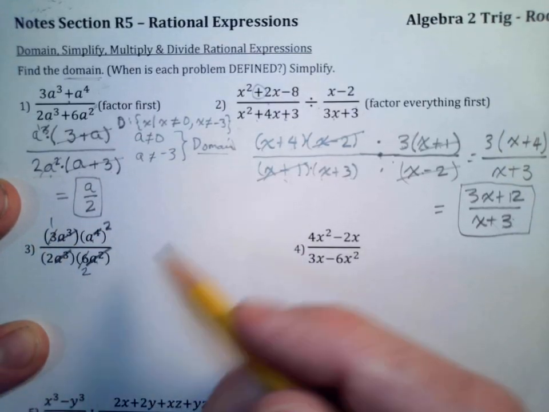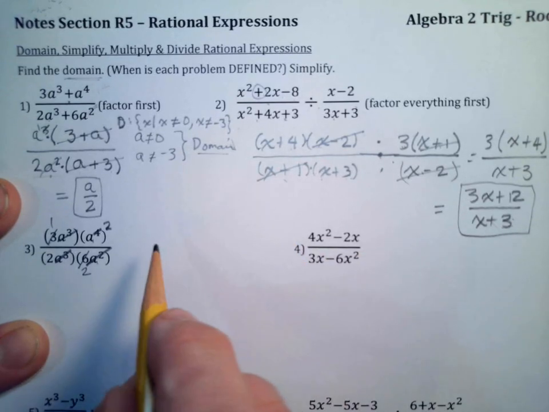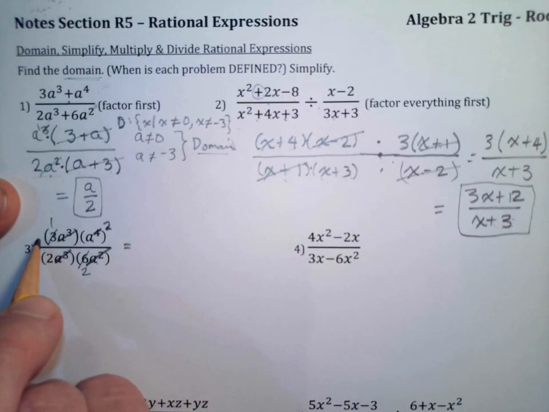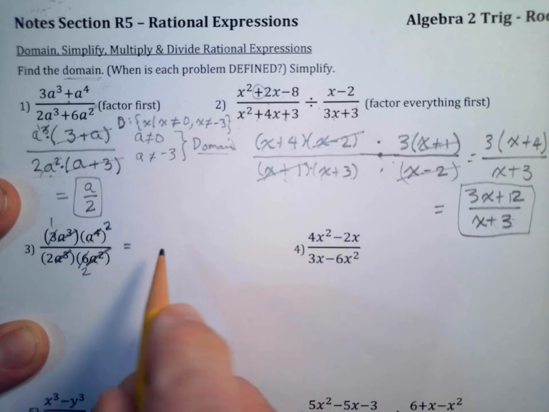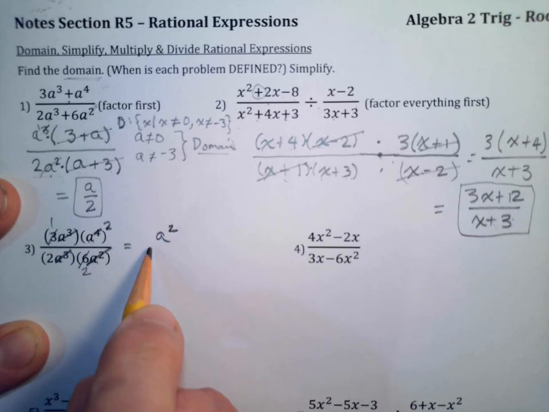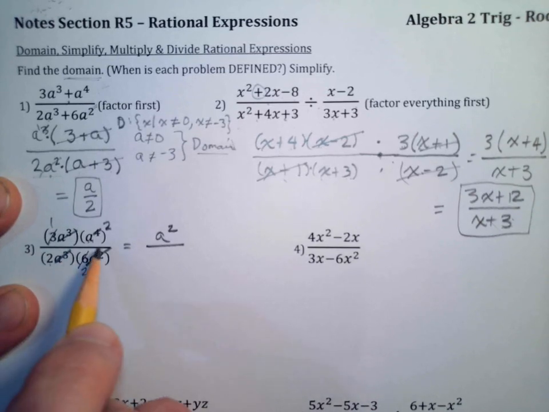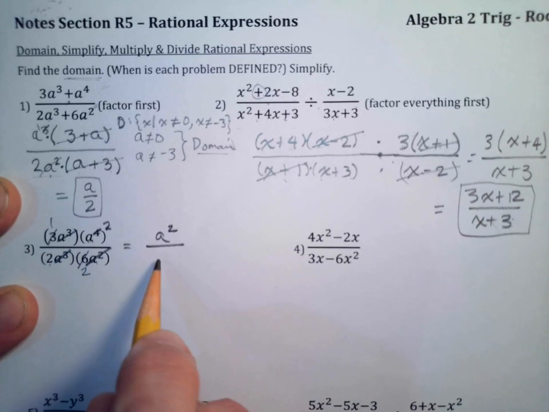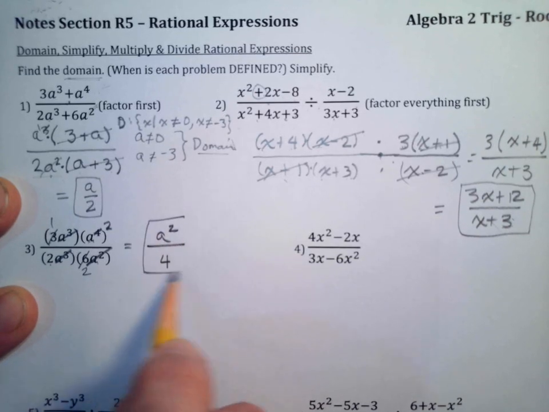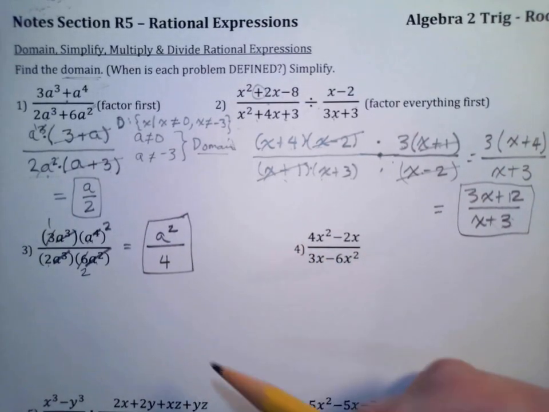All right, so after you cancel a bunch of stuff, we can really just write out what's left upstairs. I have a 1, and I have an a squared, so I'm just going to say a squared. And then what's left on the bottom? I have a 2, this a cubed went away, this a squared went away, so really just 4. Okay, and nothing else cancels with that.